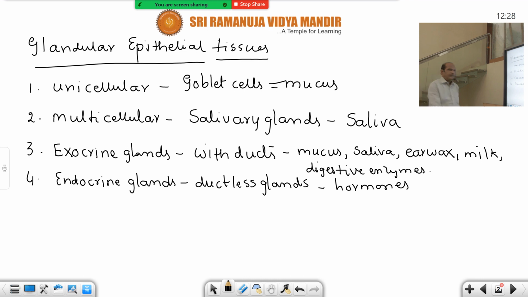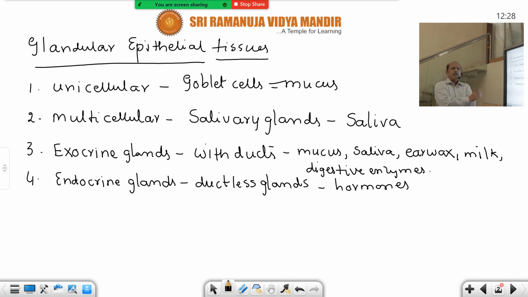And there are three types of exocrine glands, already you know: apocrine, merocrine, holocrine glands. If the tip of the gland is pinched off along with secretions, it is apocrine, example mammary glands.